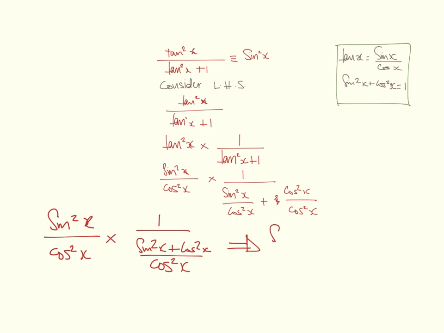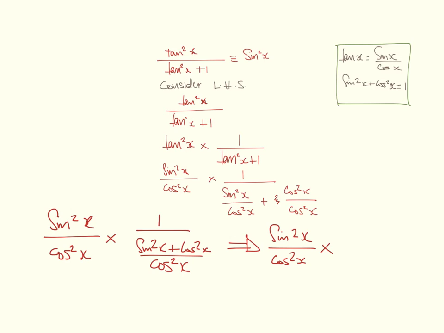So this becomes sine square x over cos square x multiplied by, I'm going to do a double whammy here and just finish this off straight away, 1 over cos square x. And if I have 1 over a fraction, it reciprocates that fraction.